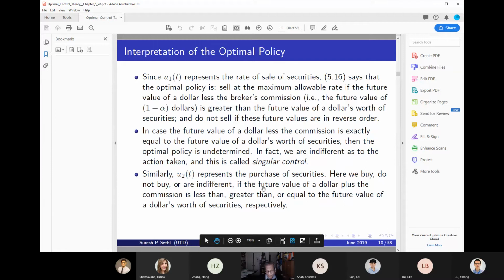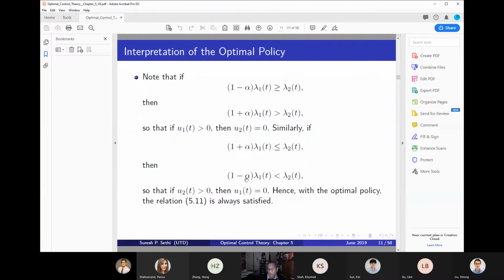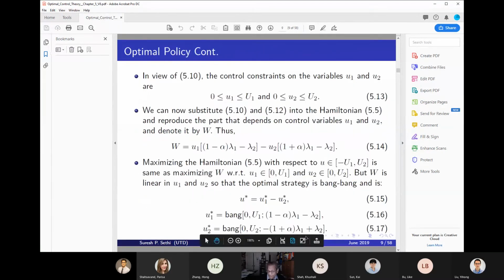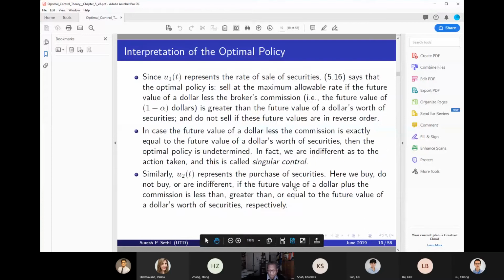It says here, if the future value of $1 plus the commission is less than the future value of the equivalent worth of securities, then I buy. Because my future value sitting in dollars is less than the amount of securities I get from that, even after paying the commission. So these make total sense, okay?